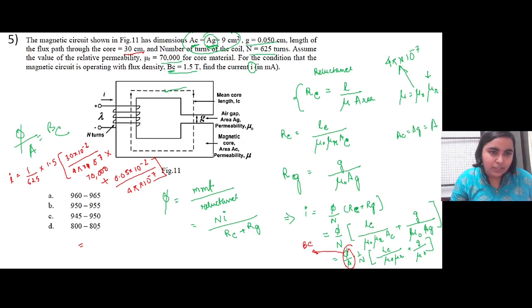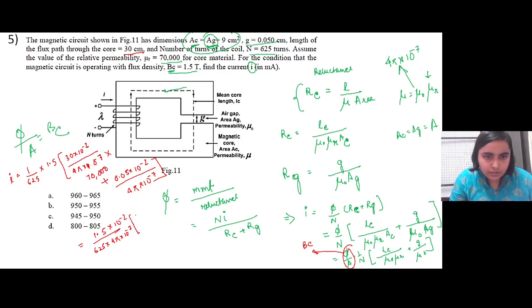So we can take the constants outside. So 1.5 by 625 into 4 pi into 10 to the power minus 7, then also 10 to the power minus 2 we can take out.